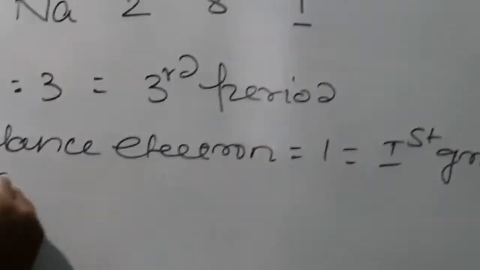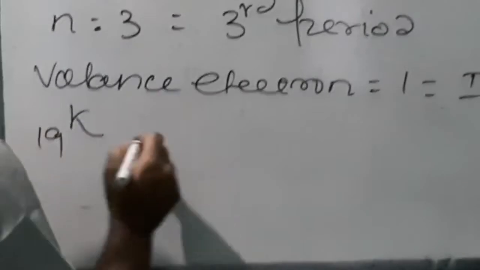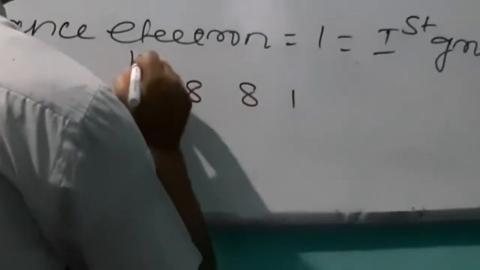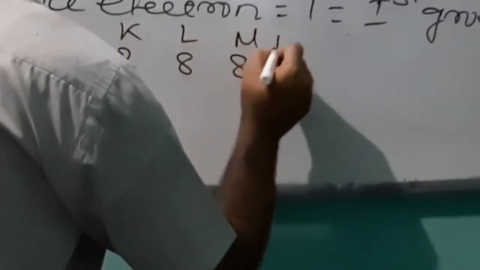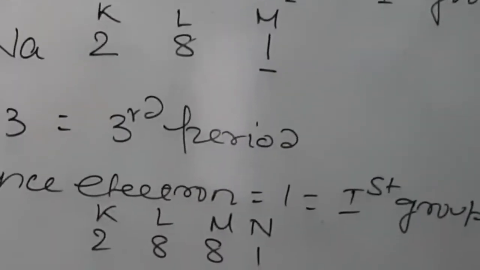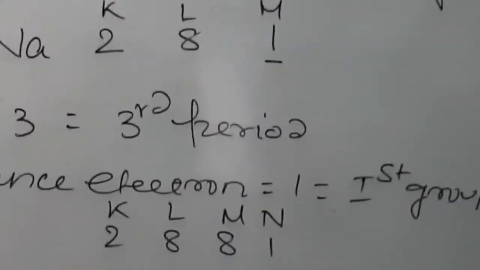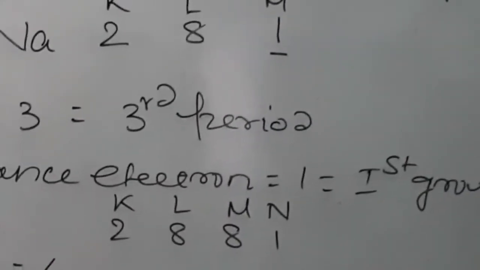Similarly, if you talk about potassium, 2, 8, 8, 1, K, L, M, N. Here, how many shells are involved? N is equal to 4.